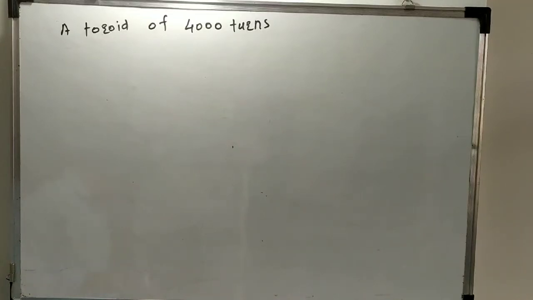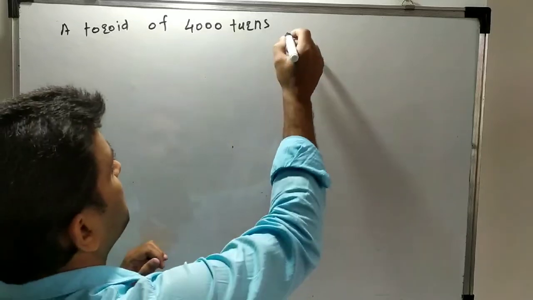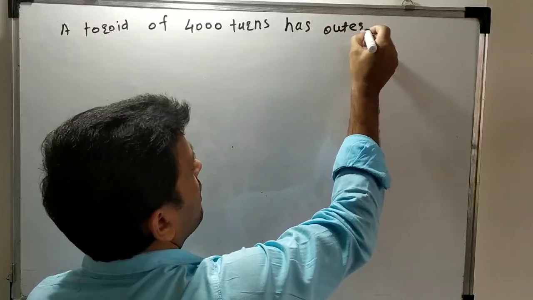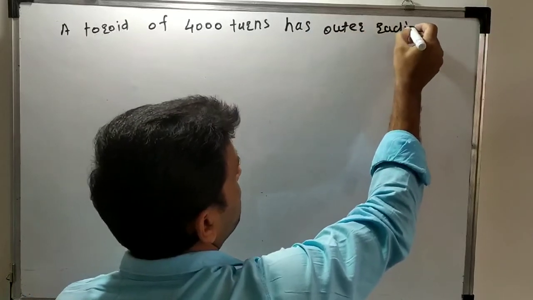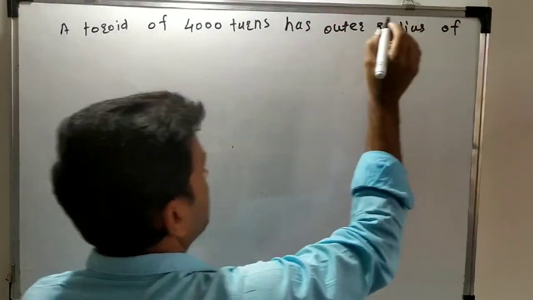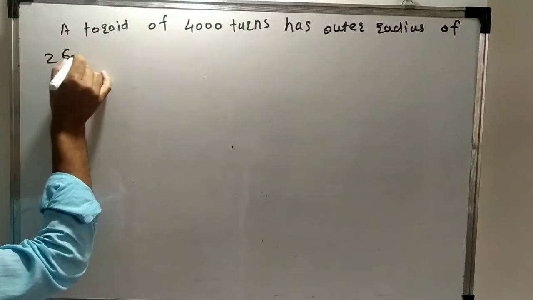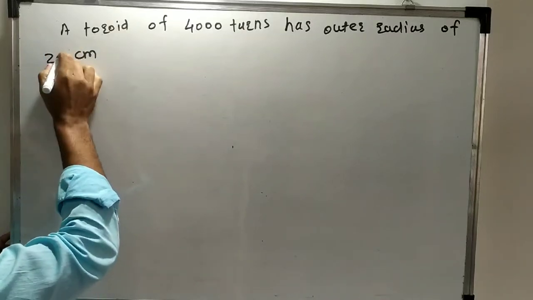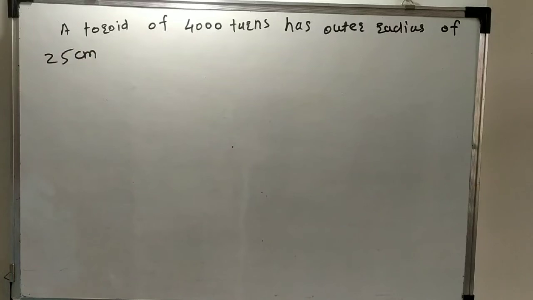N is given. It has an outer radius of 26 centimeters. So the radius of the toroid is given, but the value is given as 25 centimeters actually.